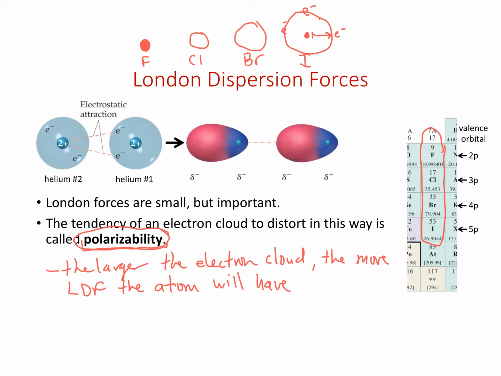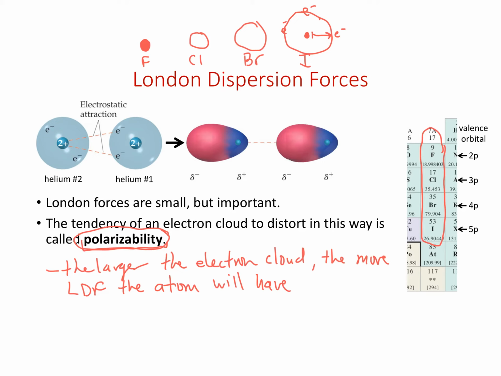So if fluorine was our golf ball, right, iodine's going to be a giant beach ball, that has some compression. It has the ability to shift that electron density around because it's a large electron cloud that is much farther from the nucleus in iodine than it is in fluorine.